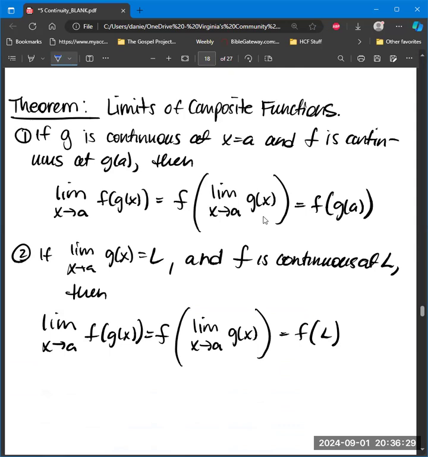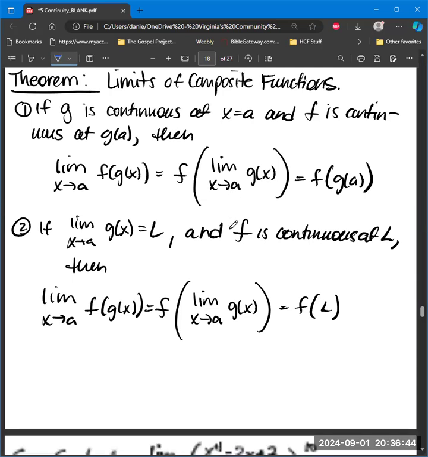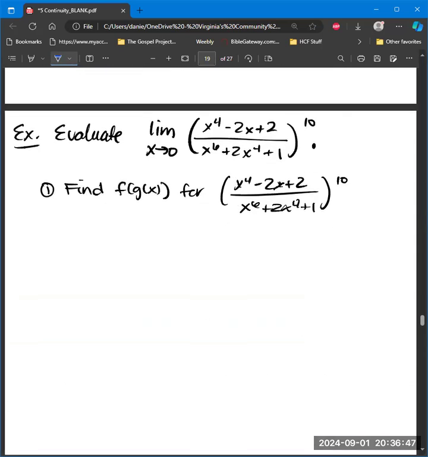And if the limit as x approaches a of g of x is equal to L and f is continuous at L, then the limit as x approaches a of f of g of x is equal to f of the limit as x approaches a of g of x, which is f of L. We'll use that to our advantage in just a second.